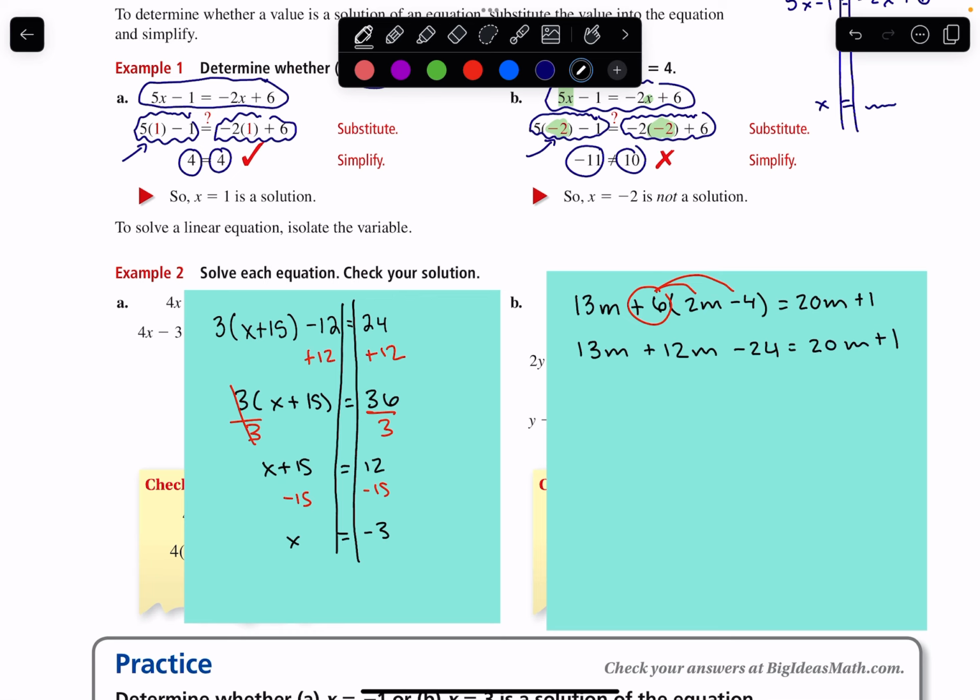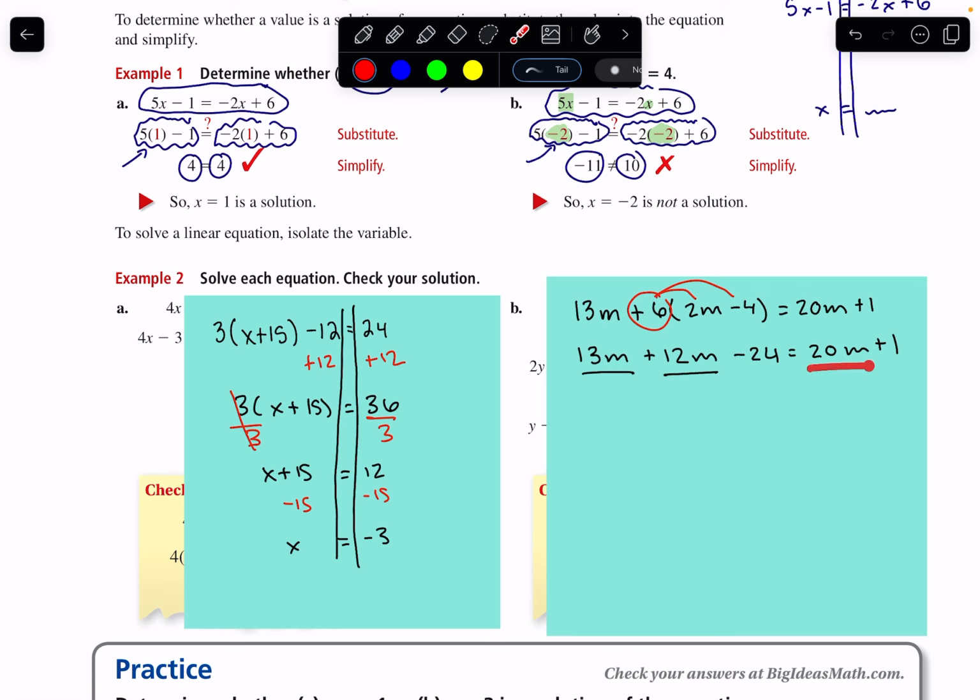Now, before I do my railroad track stuff, I've got 13m and 12m on this side. I also have 20m on the right, but it's on the opposite side of the equal sign, so I can't combine those together like I do on the left. So 13m plus 12m is 25m, minus 24, equals 20m plus 1.